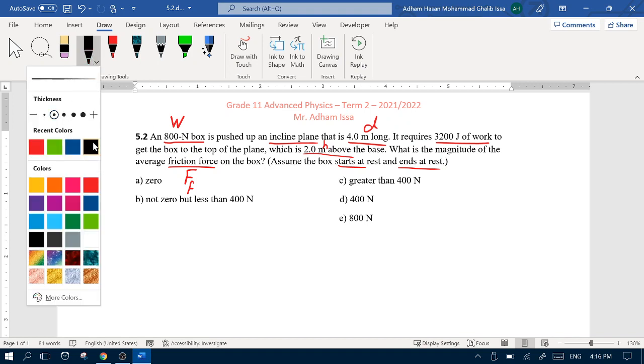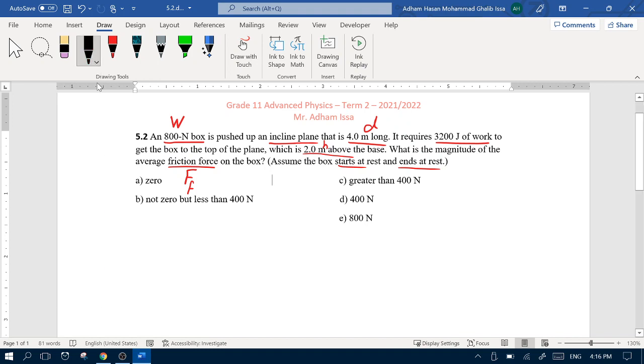If we take a look here, as I told you before, it's very important to sketch initially and finally. What happened before the movement, or before the scenario, whatever happened in the question, and what happened eventually at the end. So we need an incline. Okay, this is the ground and this is our incline.